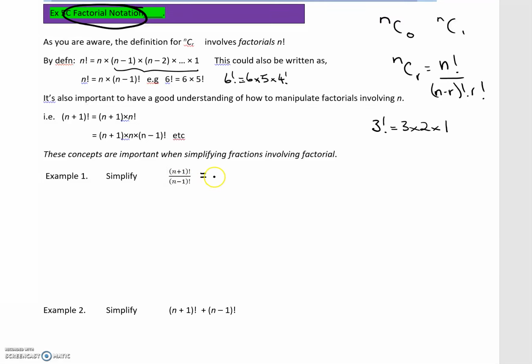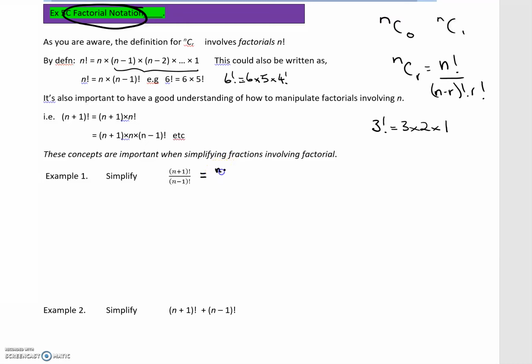We know that we need to have terms being multiplied in our numerator and denominator so that we can do some cancelling. So that's what we're going to do. Rather than writing n plus 1 factorial, we're going to think about what that is, which in turn then conveniently introduces some multiplication signs.